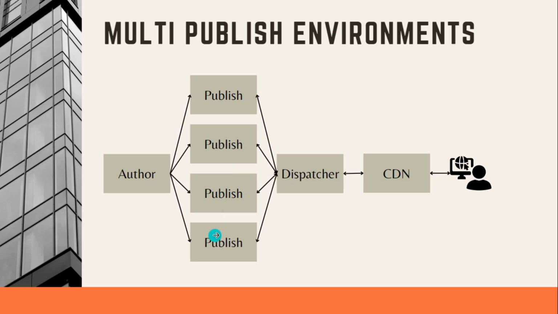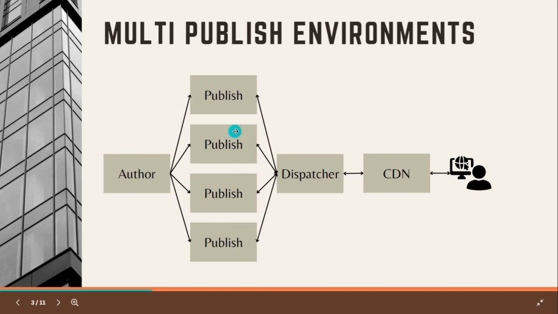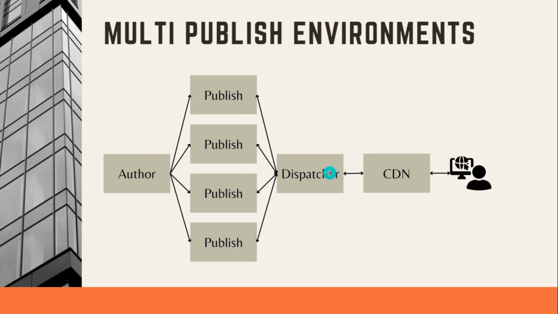And for those 4 publish instances, you might have one dispatcher running. And this dispatcher may also act as a load balancer for these publish instances, right? And again, it could do the caching, and caching could happen in the CDN also. So this is the traditional deployment architecture in the production environments which we generally see, right?